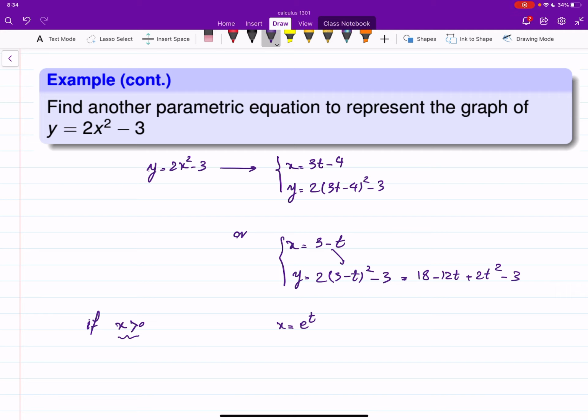Then y is going to be 2 times (e to the power t) squared minus 3, which is 2e to the power 2t minus 3.